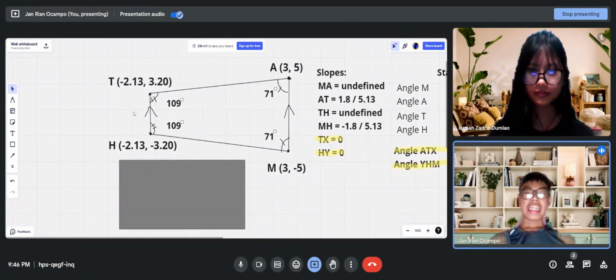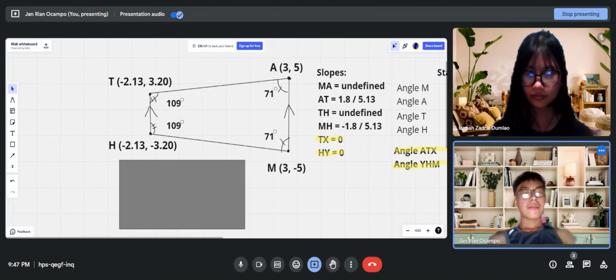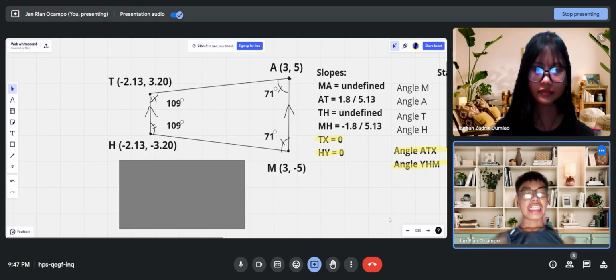Since MA and TH share a similar slope of undefined, it means they are both parallel to the y-axis. This also means that they are parallel to one another. So we can assume that MA is parallel to TH. And then we find that angle M and angle A are congruent, and angle T and angle H are also congruent.